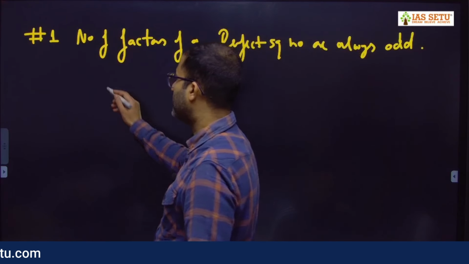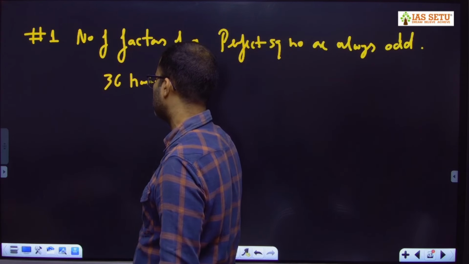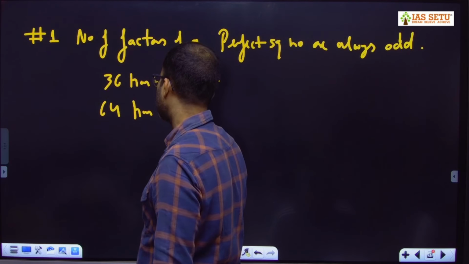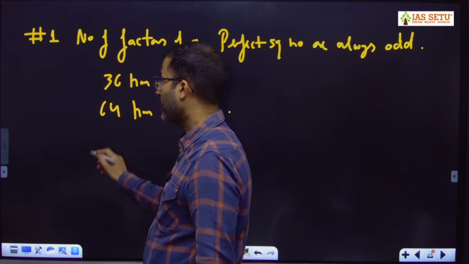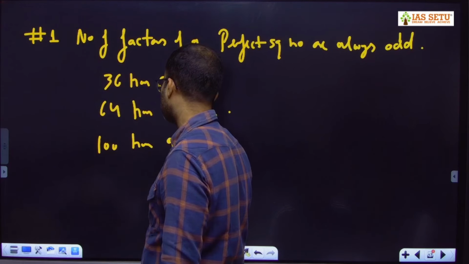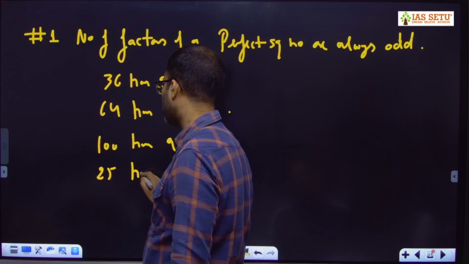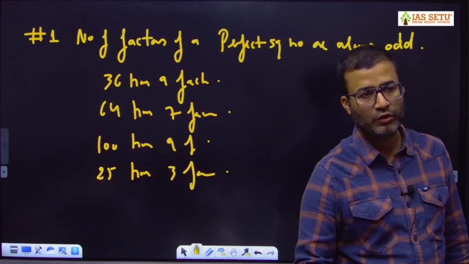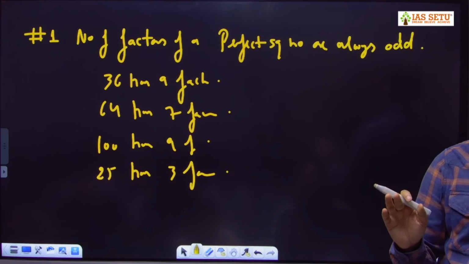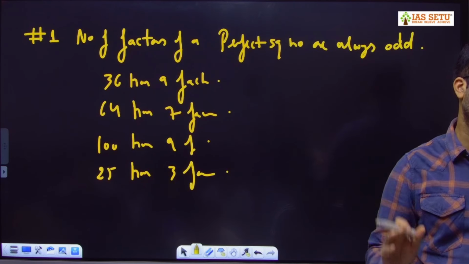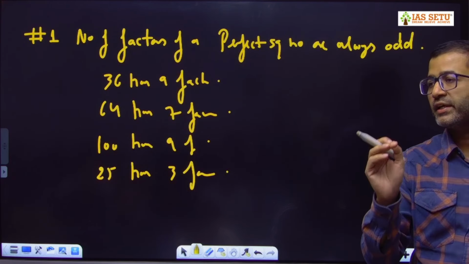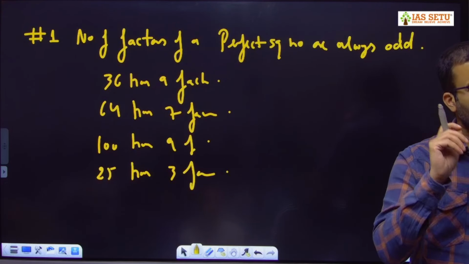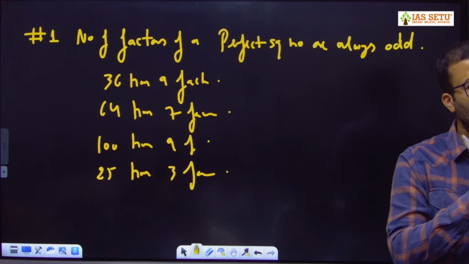Right, example, 36 has 9 factors. 64 has 7 factors. 100 has 9 factors. 25 has 3 factors. Your homework at your home, you can check other square numbers, whatever you know, check factors. I guarantee if you take any perfect square number and check the number of factors in that perfect square number, your number of factors will be odd. आपके number of factors odd आएंगे उसमें.